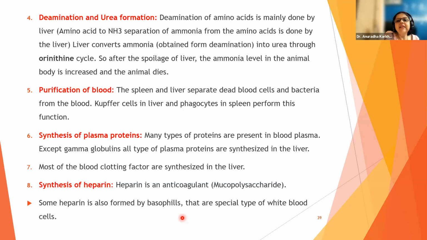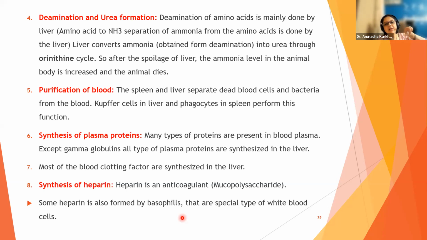Ornithine cycle, it's an intermediate. Ornithine is a chemical. Just how we have glucose to glucose 6-phosphate, glucose 6-phosphate to fructose 6-phosphate, fructose 6-phosphate to fructose 1,6-diphosphate. You remember these? Then PGAL and DHAP. These are the intermediates. In the same way, ammonia will undergo several intermediates like citrulline and ornithine, and this cycle is called the ornithine cycle.